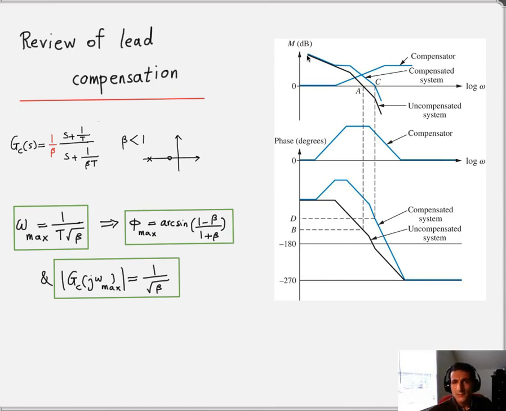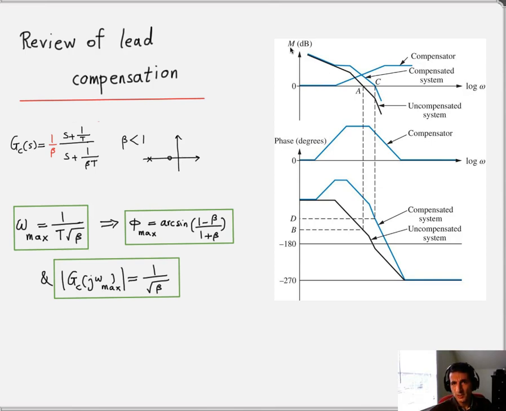Now let's say we have an uncompensated system shown by the black curve. This is the magnitude and this is the phase angle. For a lead compensator, both the magnitude and the phase angle are positive.